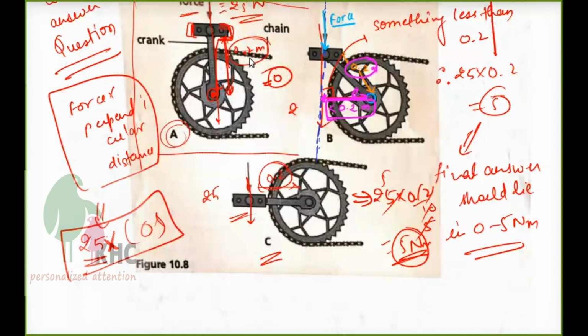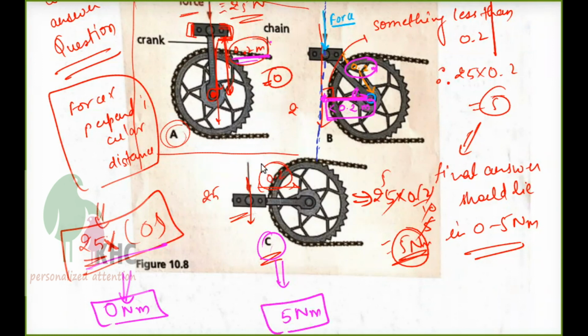Okay. So in this case, if your minimum moment of force was zero, why? Because in this case, perpendicular distance was zero. So your minimum moment of force about this axis was 0 Newton meter. And in this case, the maximum amount of moment of force was there, which was 5 Newton meter. Why? Because here the perpendicular distance was 0.2 and here the perpendicular distance is 0.